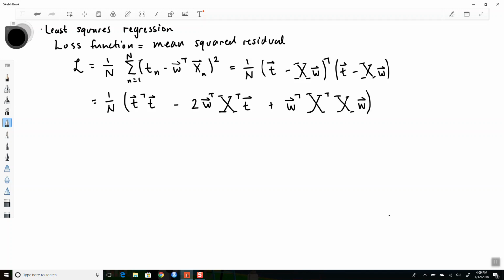Okay, so this is the loss function when we write it in matrix vector notation.